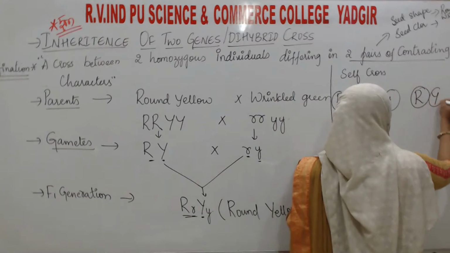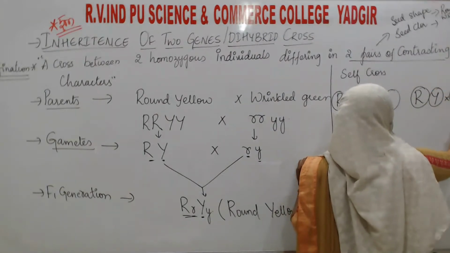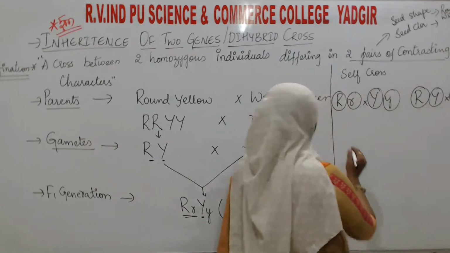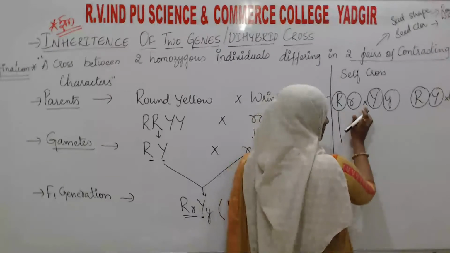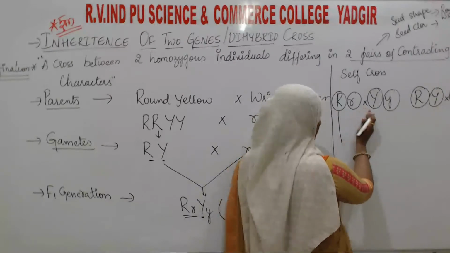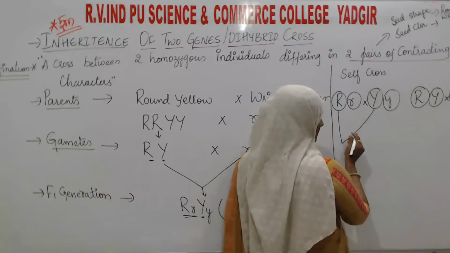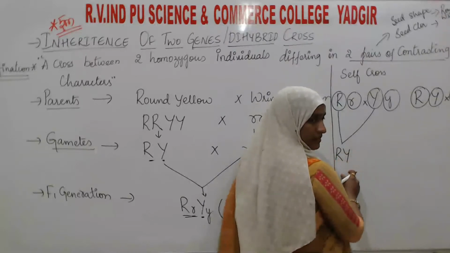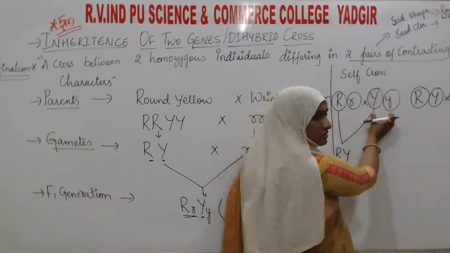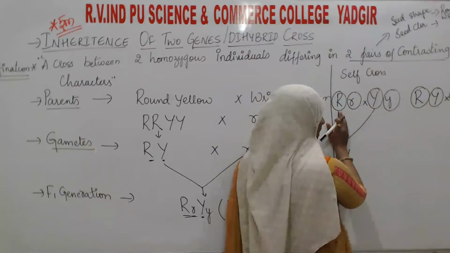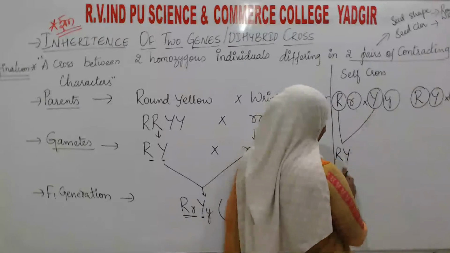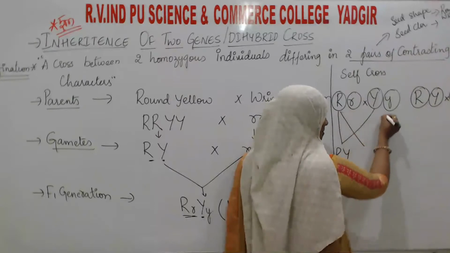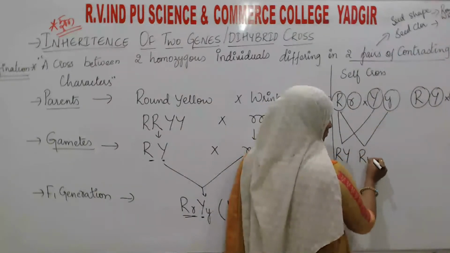Capital R, capital Y, into small r, small y. So here we have to cross in this sense. We are going to cross these two genes with these two genes, where capital R we cross with capital Y. What will we get here? Capital R, capital Y, and again capital R, small y.